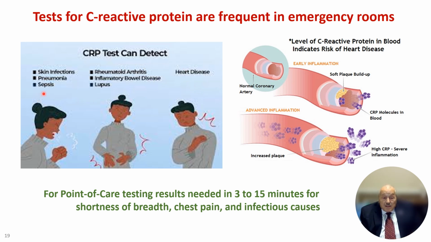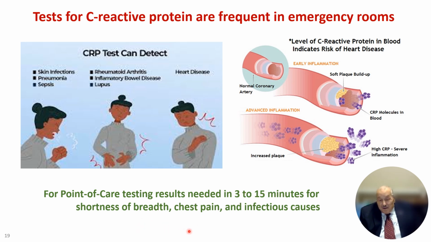But there's another thing: sepsis, pneumonia, a whole variety of things can result in elevation of the C-reactive protein, and many of them are dangerous. In a routine analysis, someone in a hospital bed, you might send it to a central lab, and it might take a few hours to get an answer back. But in point of care testing, you need results in 3 to 15 minutes.